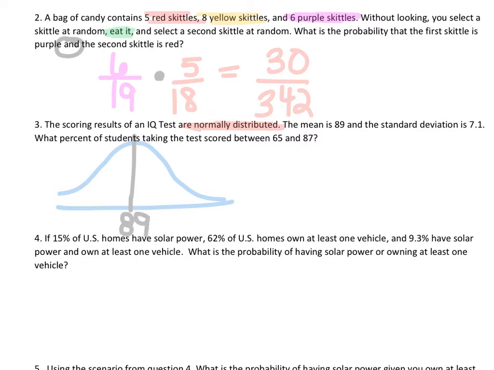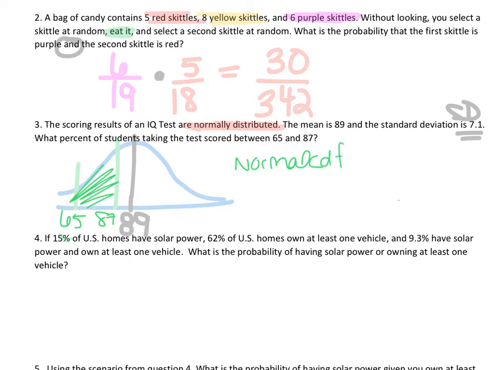They say the standard deviation is 7.1, which is important. They want the percent of students between 65 and 87. That means you want to find between, hold on, let me write with not the highlighter, 65 and 87. You want to find this area. And to do that, you're going to use the normal CDF command in your calculator.